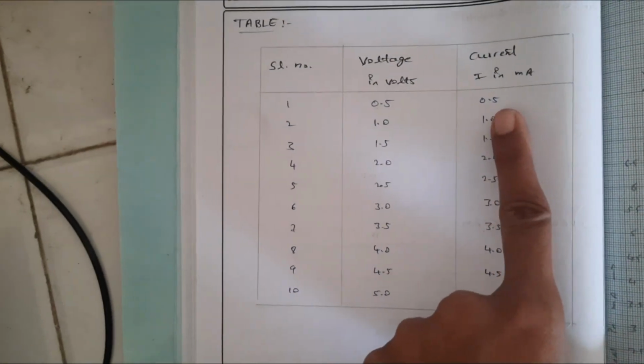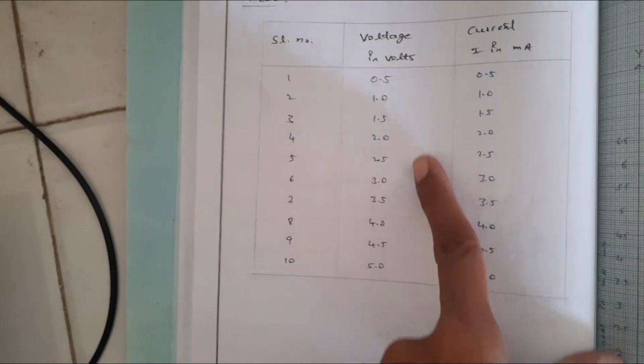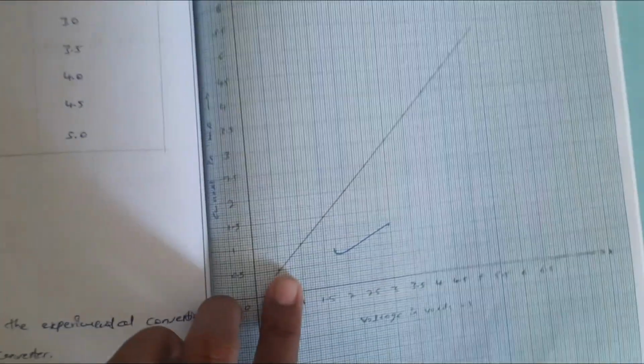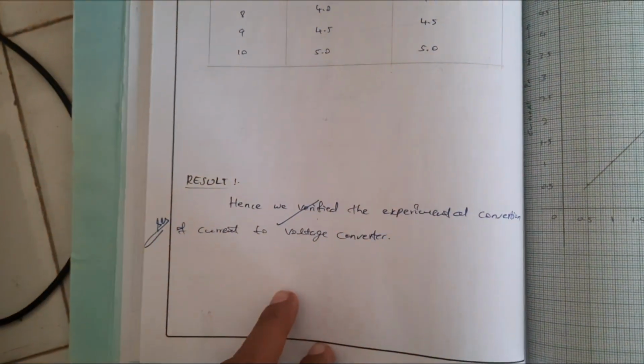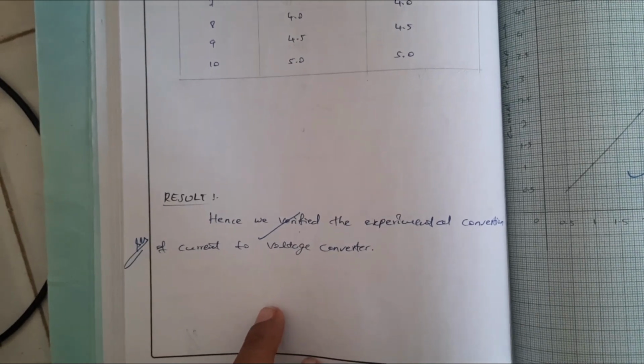As you increase the current in milliampere, you should note down the voltage in volt. It is also gradually increasing. Once you plot the graph, it is a straight line. From this we can say that we have verified the experiment for the current to voltage converter.